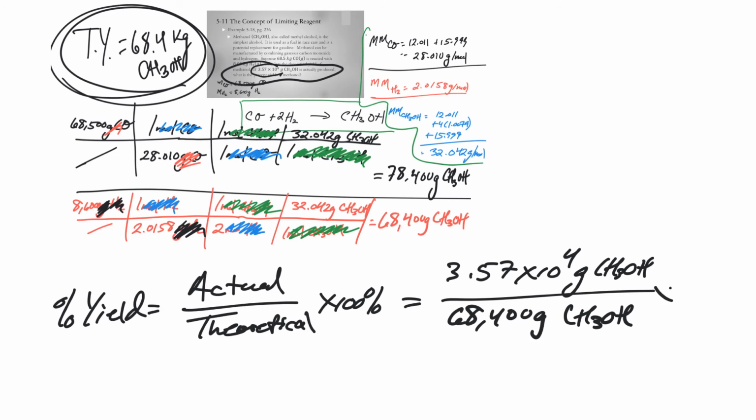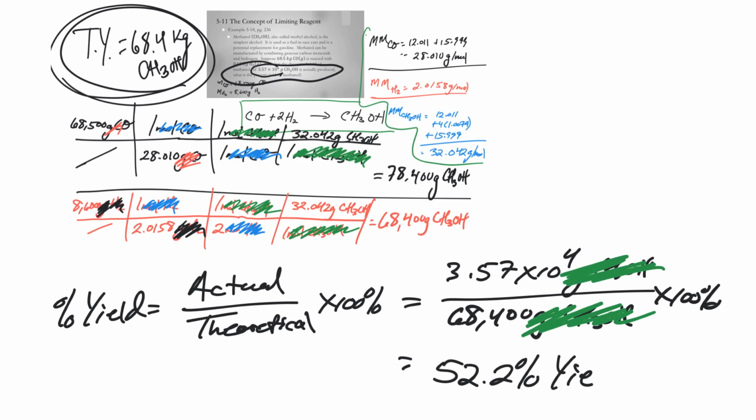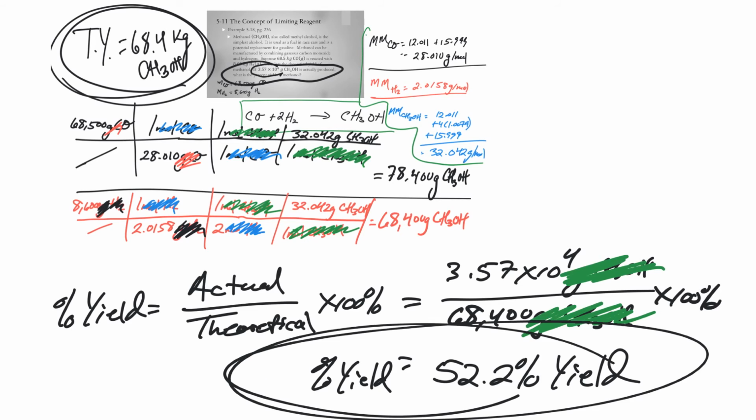Grams of methanol cancel out, times 100%, and we get, to 3 significant figures, 52.2% yield for this. And that's how you find the percent yield of a reaction.